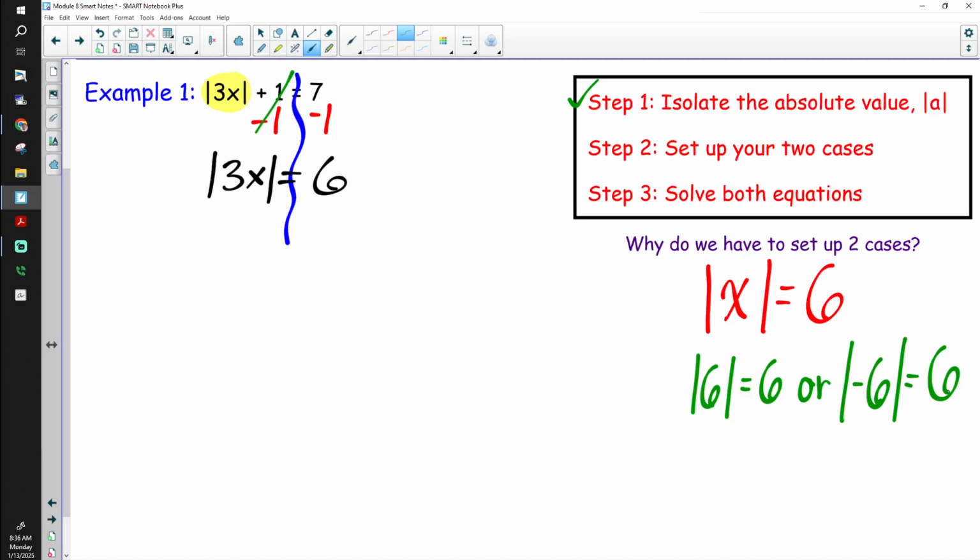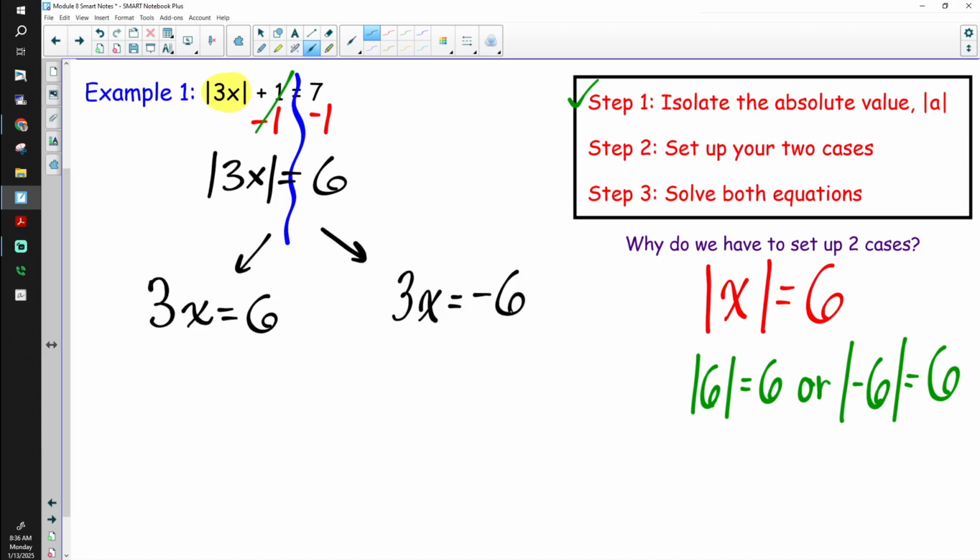So the same thing happens up here. We're going to split this into two separate cases. Case 1 is where it's positive: 3x equals 6. The other case scenario is 3x can also equal negative 6.